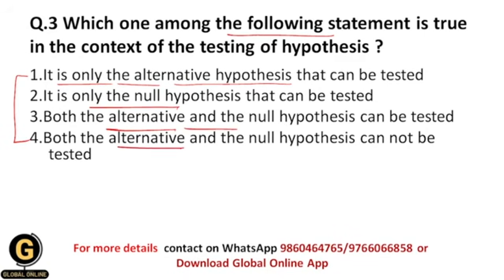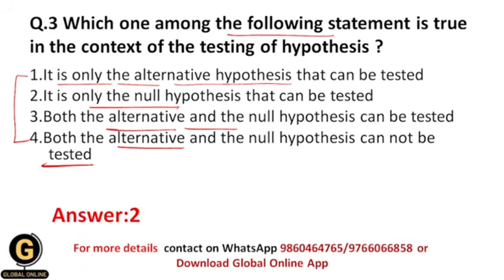So students, we formulate hypotheses so that we can test them, and that's why there is a rule that we need to test the hypothesis in any kind of research process. Here we only test the null hypothesis, because whenever we accept the null hypothesis, we are going to reject the alternative hypothesis, and whenever we reject the null hypothesis, we are going to accept the alternative hypothesis.